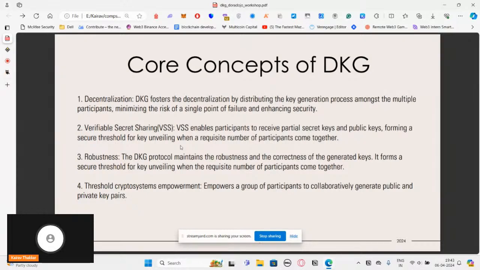If the secret key is divided among different nodes, you can't easily corrupt it. You can share the public key, but if the secret private keys are shared among different nodes, it becomes difficult to corrupt or manipulate.